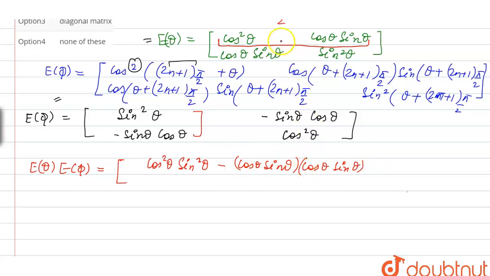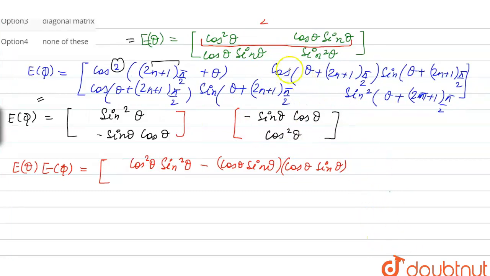Now the second entry is also multiplied. How do we obtain that? We multiply row 1 with column number 2. So we can write this as cos square theta into minus sin theta into cos theta, which equals minus cos cube theta into sin theta, and cos theta sin theta multiplied with cos square theta, which becomes plus cos cube theta into sin theta.